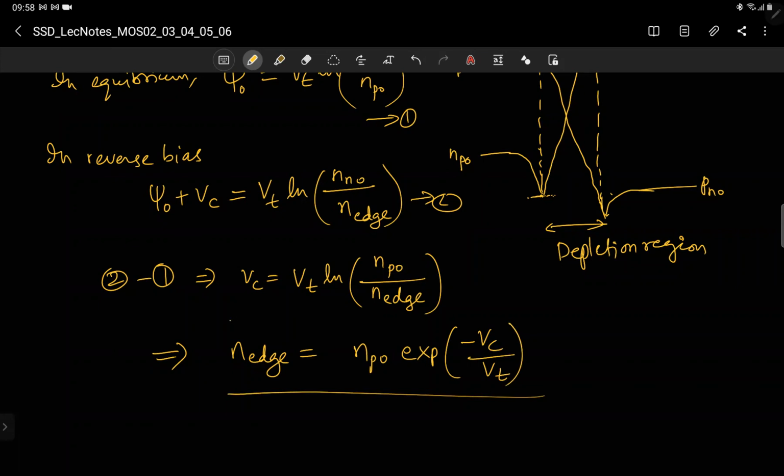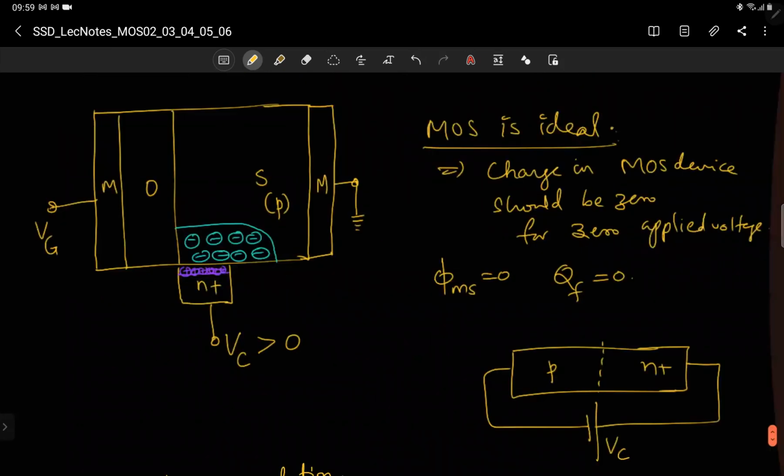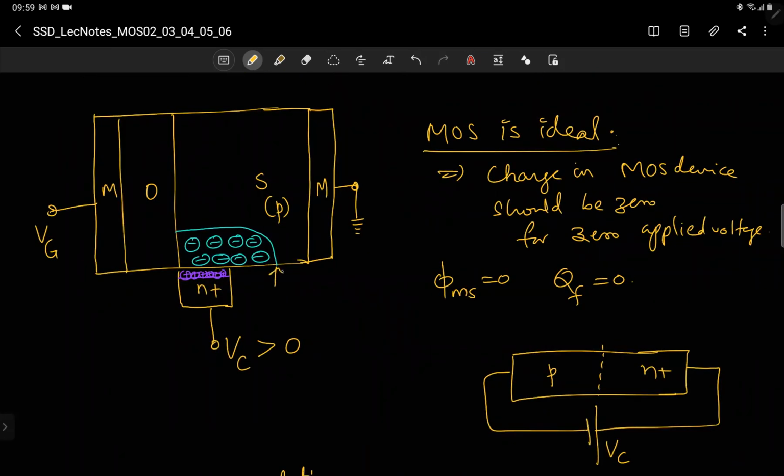So this is the concentration of electrons I have. At this place, the concentration of electrons is N edge, equal to Np0 e power minus Vc by Vt.